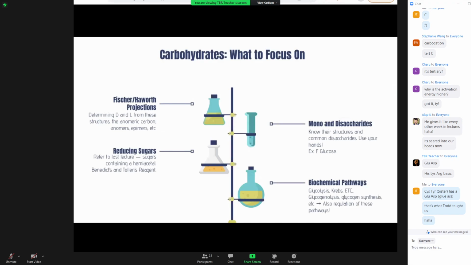And then know your biochemical pathways. I personally did not see this on my exam in terms of actually knowing, for example, aspartate, alpha ketoglutarate, specific orders of the Krebs cycle or glycolysis. I didn't really have that, but the MCAT really likes regulation of these pathways.